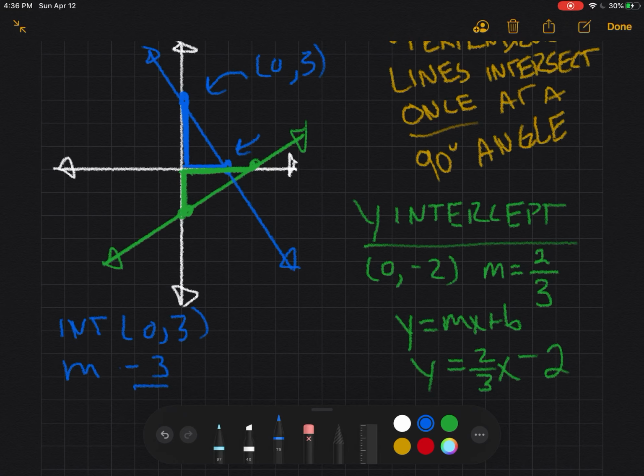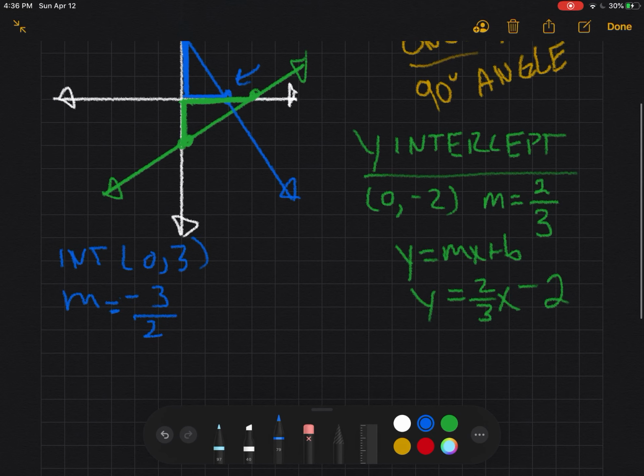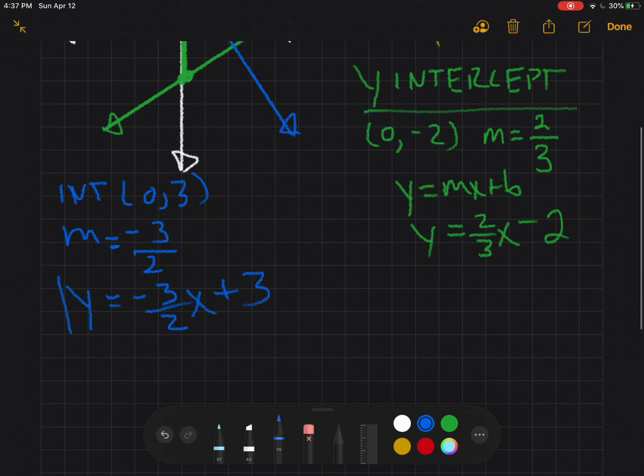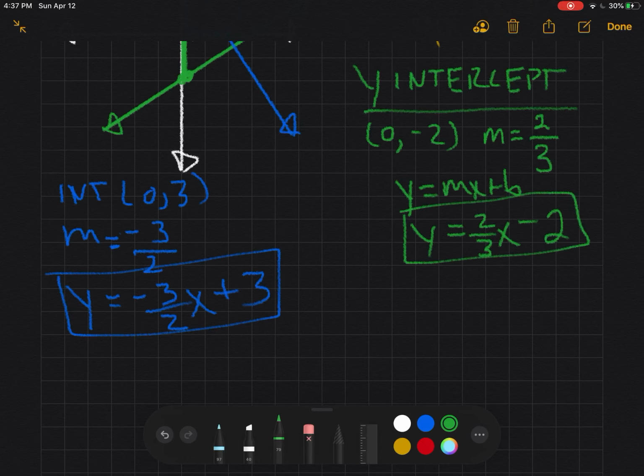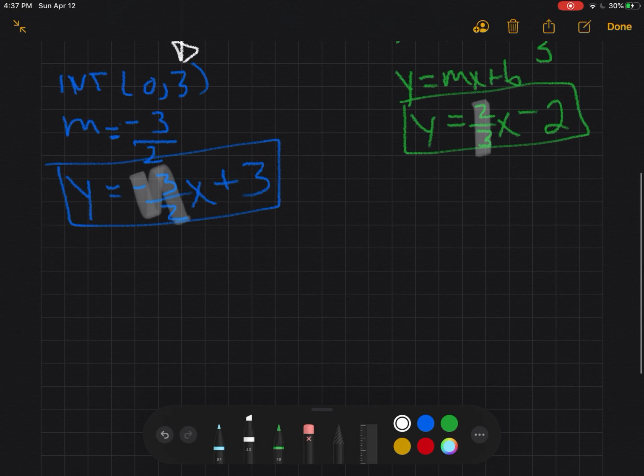So for our blue line, our intercept was (0, 3), and our slope was a -3 in the y direction and a +2 in the x direction. So our equation is y = -3/2 x + 3. So that was our blue line. This is our green line, and these are perpendicular lines.